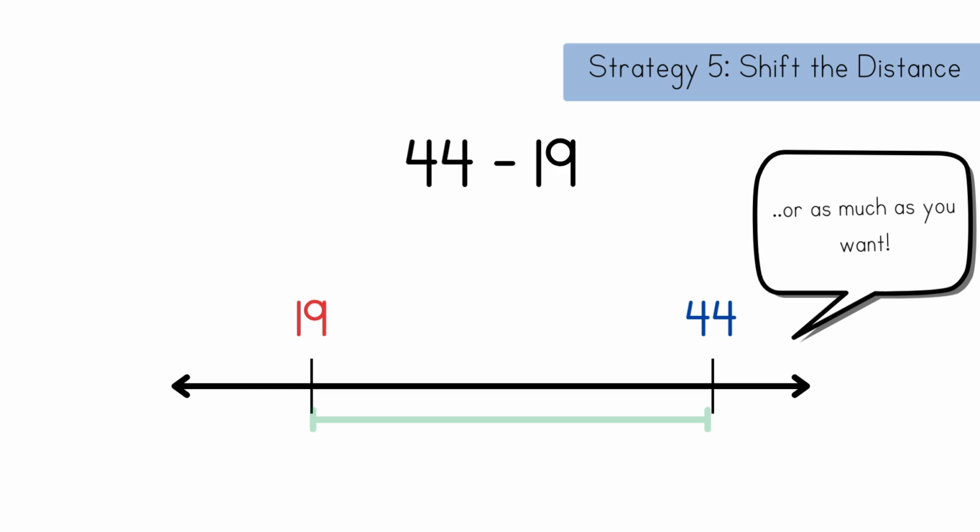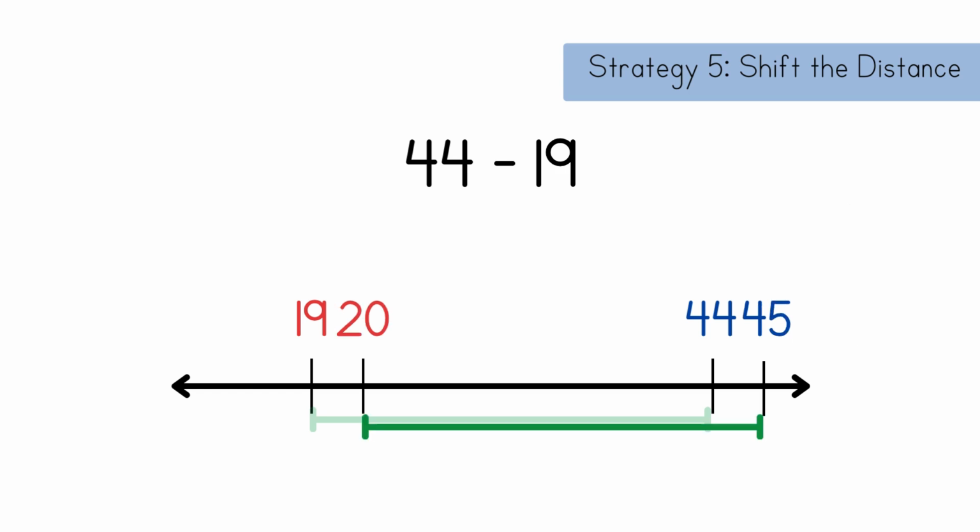If I shift it by 1, that means that I now have 45 minus 20. I shifted 19 up to 20 and 44 up to 45. 45 minus 20, way easier to me than 44 minus 19. I have friendly numbers to work with and I know it's 25.